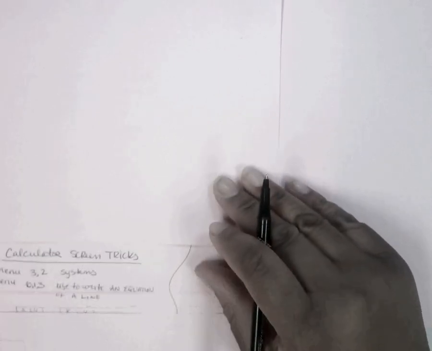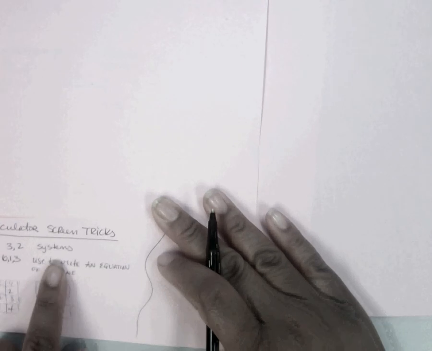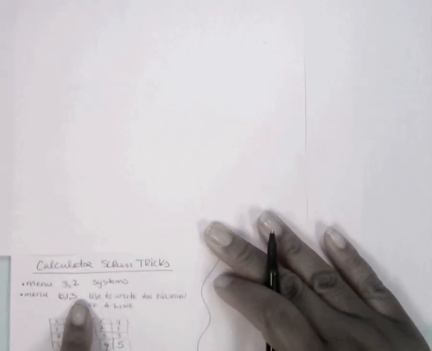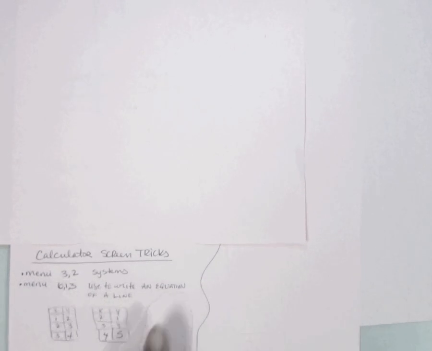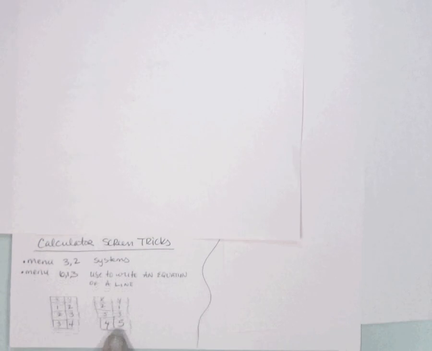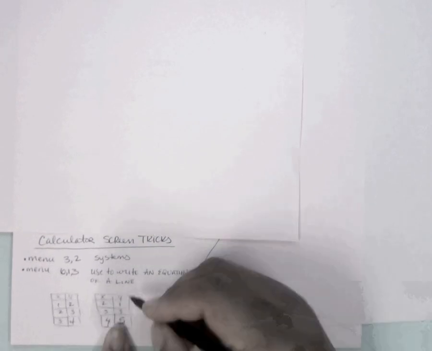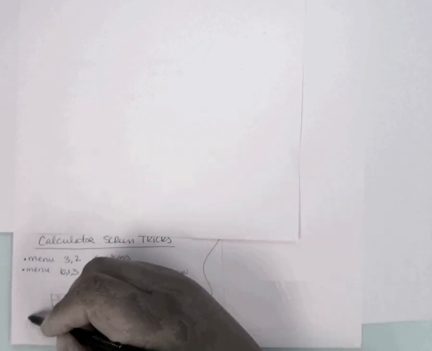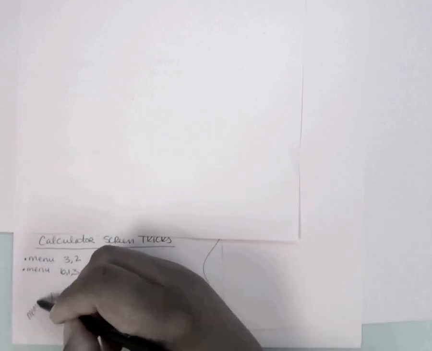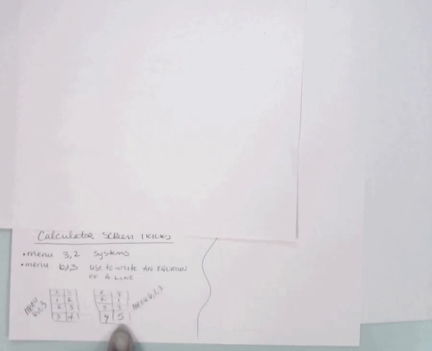Calculator screen tricks. Remember, menu 3-2 does the systems. Menu 6-1-3, you can write an equation of a line. So, how can I write an equation of a line with these two? I can do menu 6-1-3 for each table. When I do menu 6-1-3 for each table, it will give me my two equations.